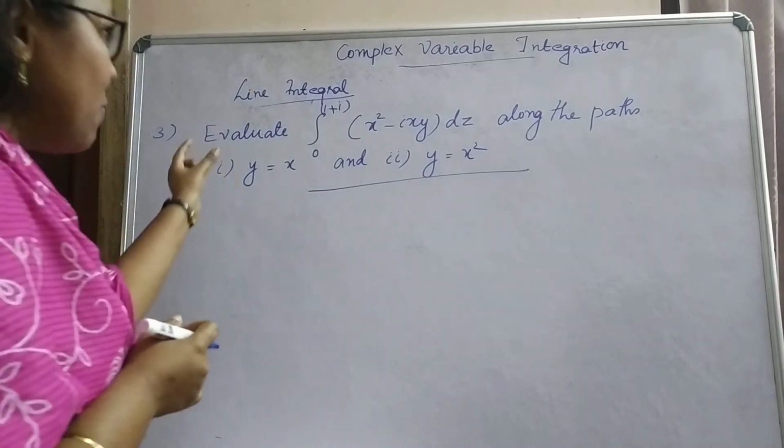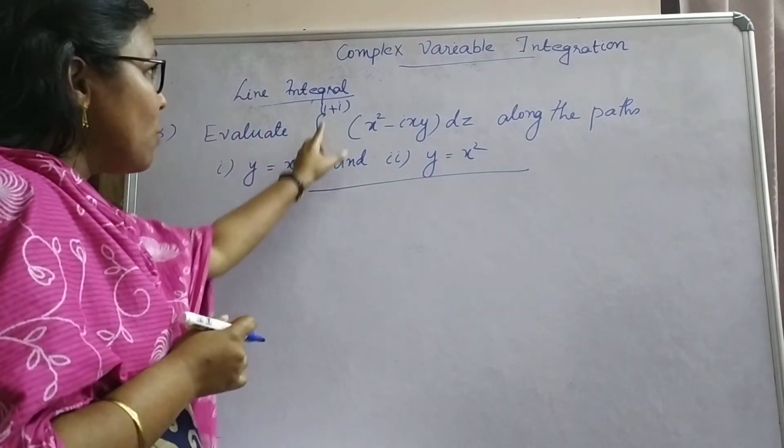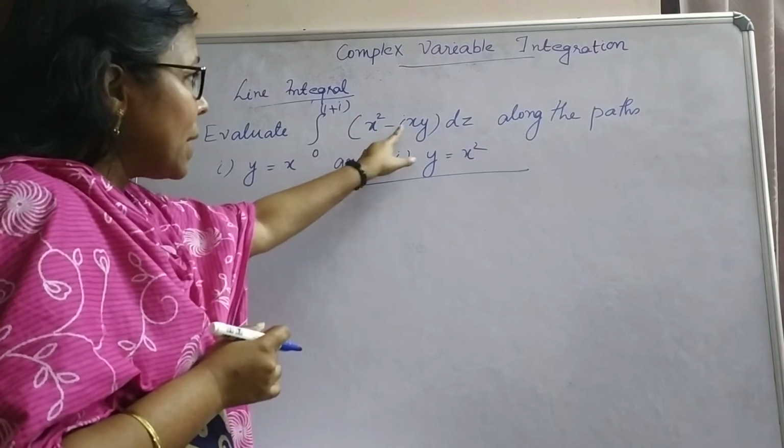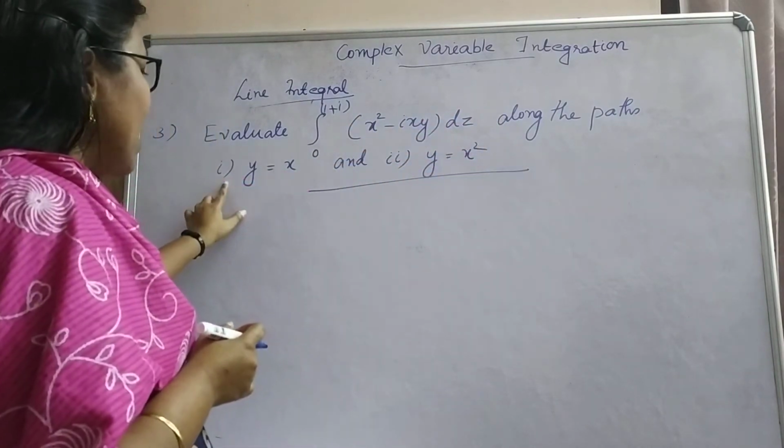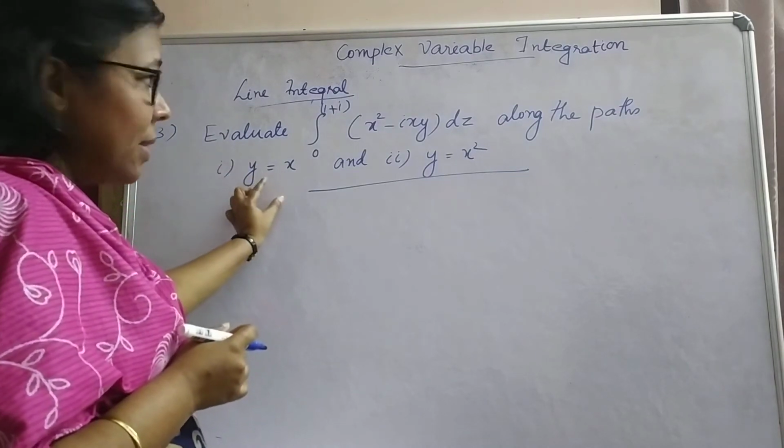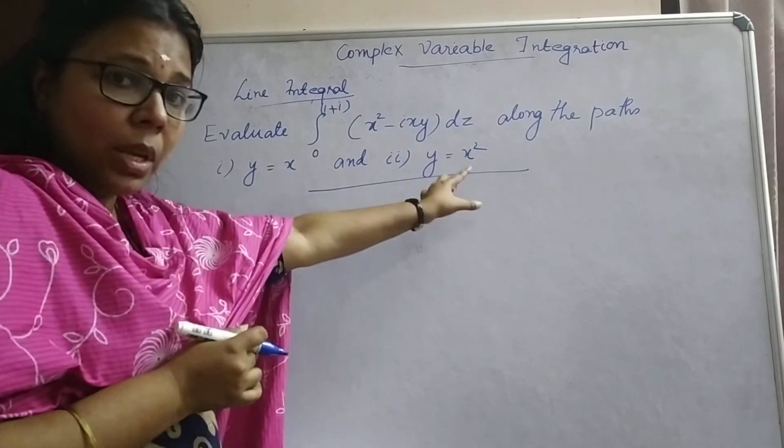Next question is, evaluate the integral from 0 to 1 plus i of x square minus ixy dz along the path y equal to x, which is a straight line, and y equal to x square, which is a parabola.